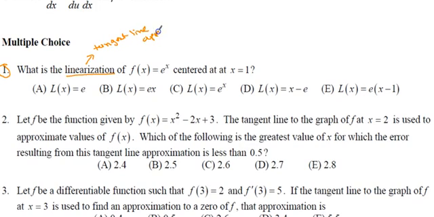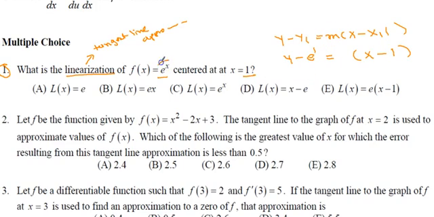Tangent line approximation. Okay, so first of all, let's find the equation of tangent line at 1, where the function is e to the x. So y minus y1 equals m times x minus x1. If I substitute, I get y minus e to the 1 equals m times x minus 1.